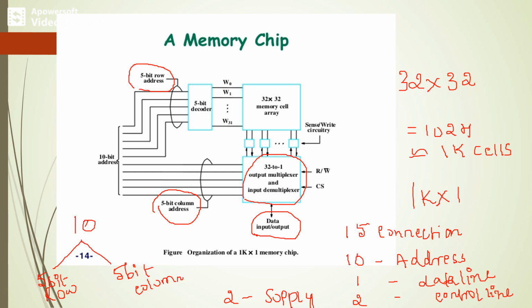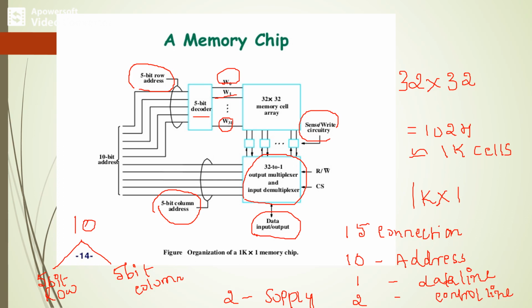We also have a 5-bit row address decoder, which will decode any one address among 32, giving 32 word lines, W0 to W31. One respective word line will be enabled.